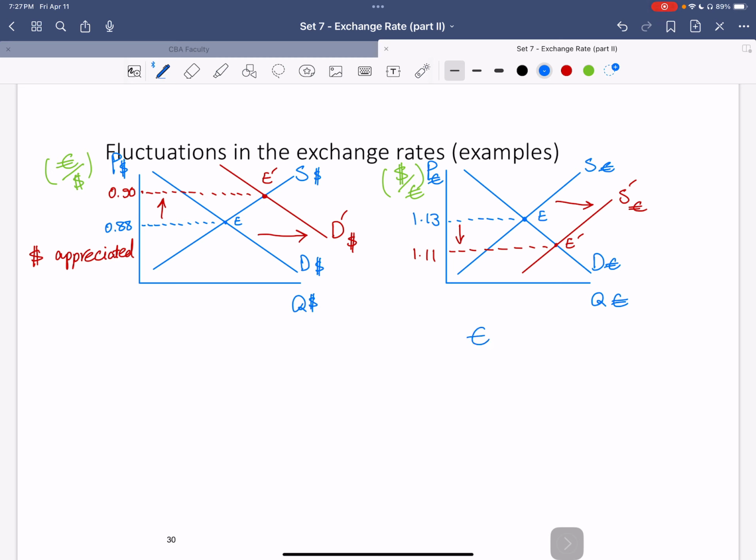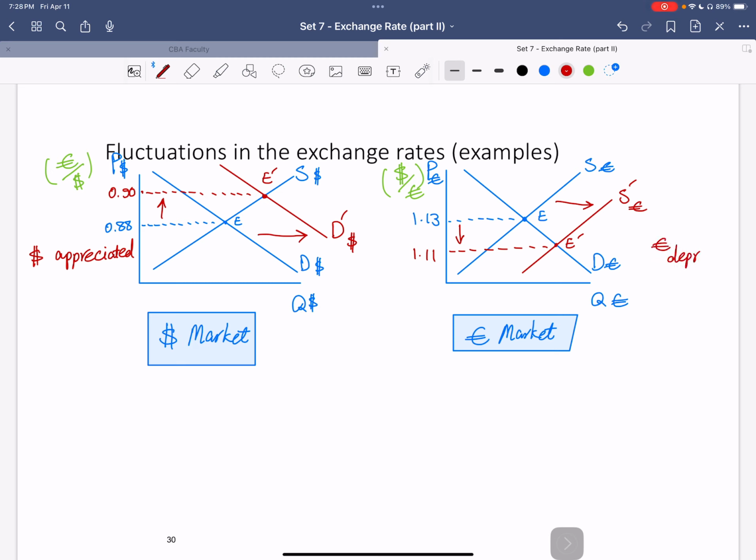This is the euro market, and this is the dollar market. Right. And here you see that euro depreciated.